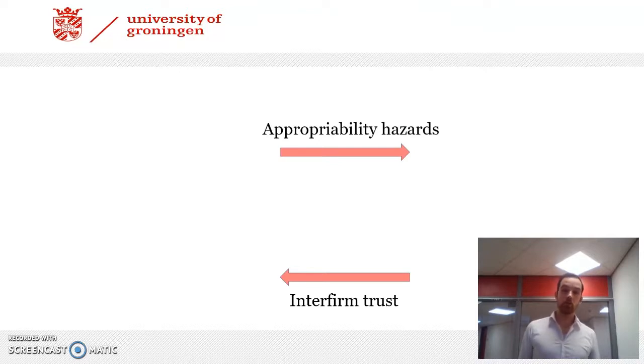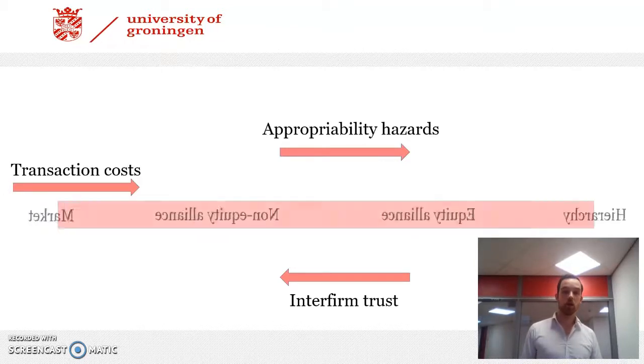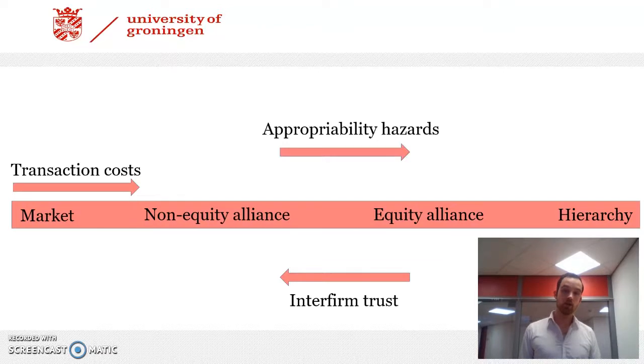Oxley links the governance mode to appropriability hazards, where greater hazards result in larger transaction cost and a shift to the right on our own constructed market hierarchy continuum.